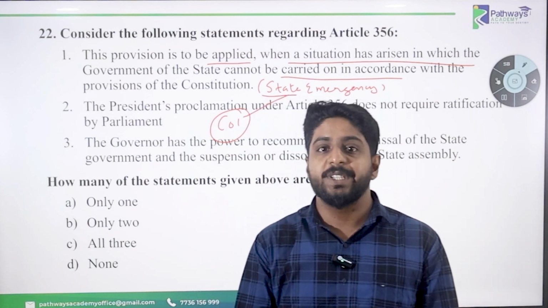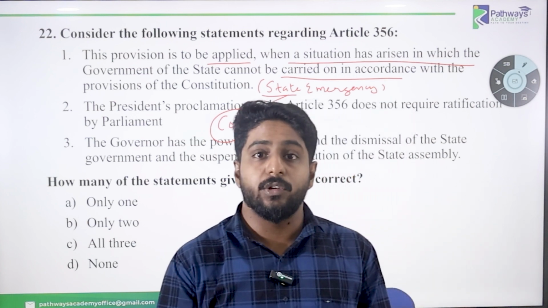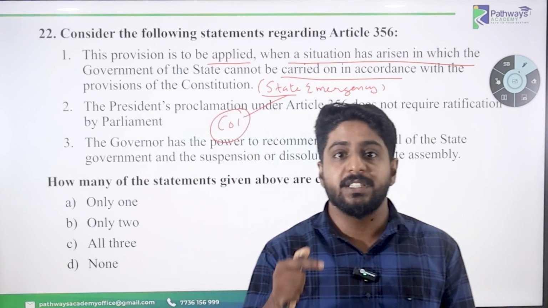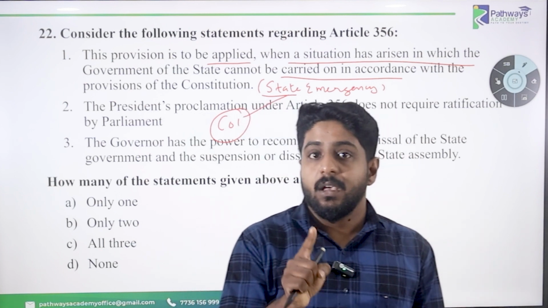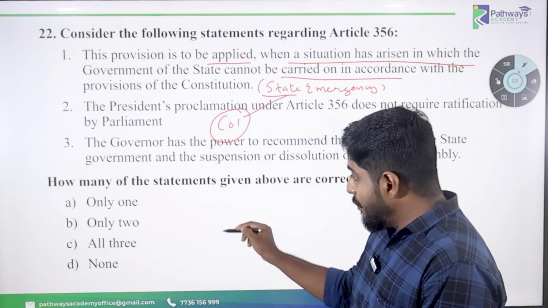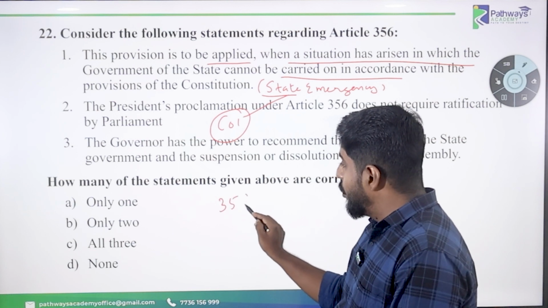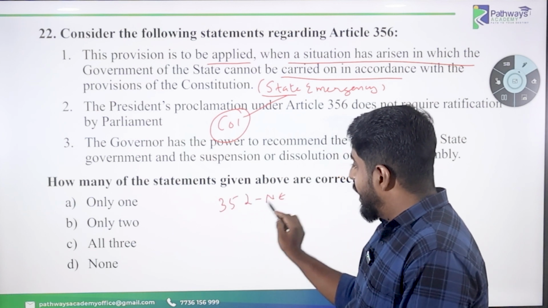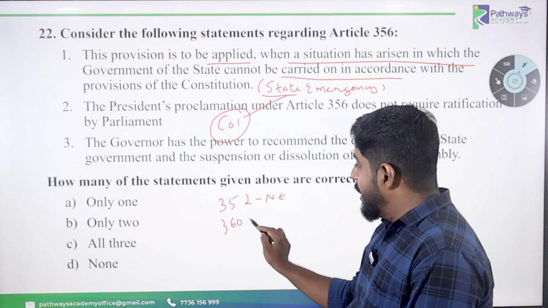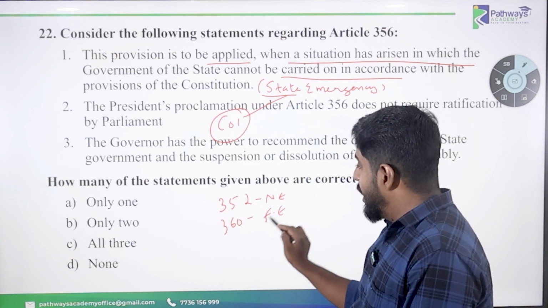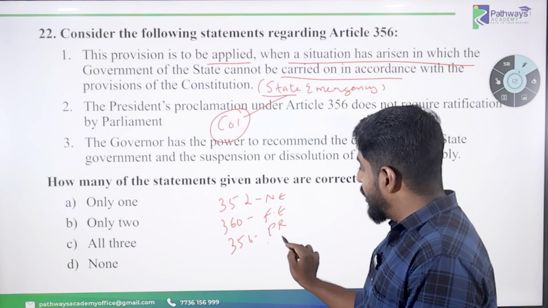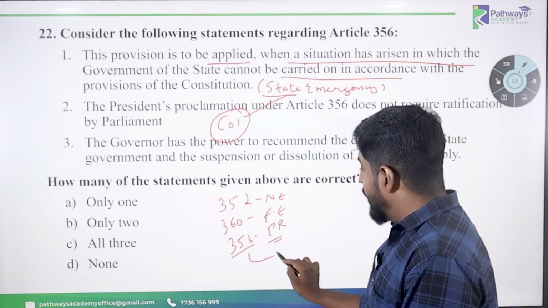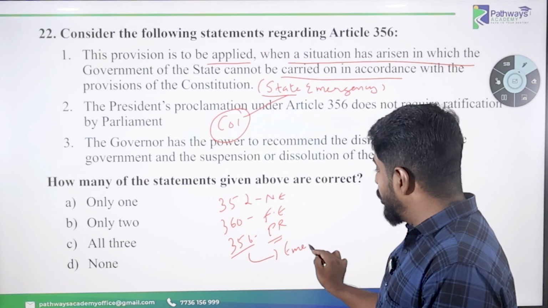Also known as, I did not say that it is provided in the Constitution as state emergency, because 356 does not use the term emergency. Very, very important. Article 352 is national emergency. Article 360 is financial emergency. But Article 356 is President's rule, because in Article 356, the term emergency is not used.